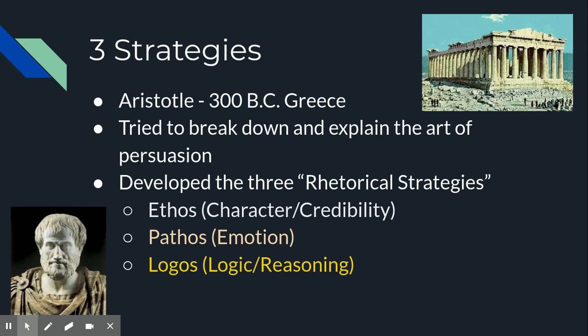He thought, what is the art? What is the strategy behind changing someone's mind about something? So he developed what's known as the rhetorical strategies. And they are ethos, pathos, and logos. And those are all the original Greek words. But why not give credit where credit is due?